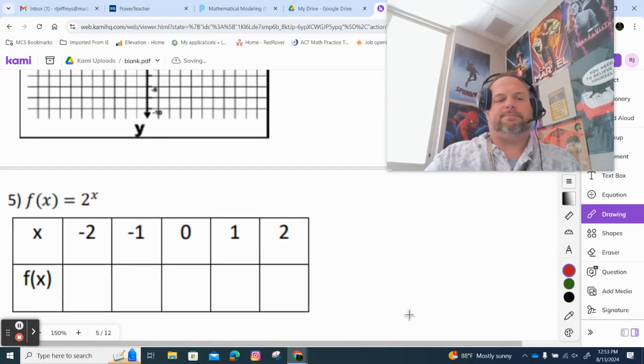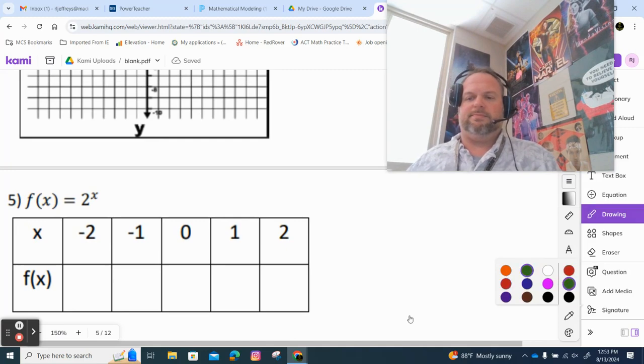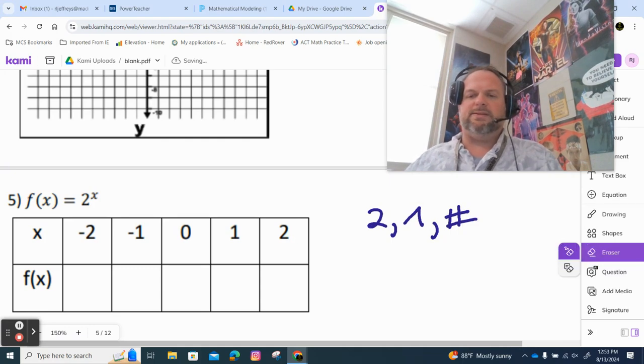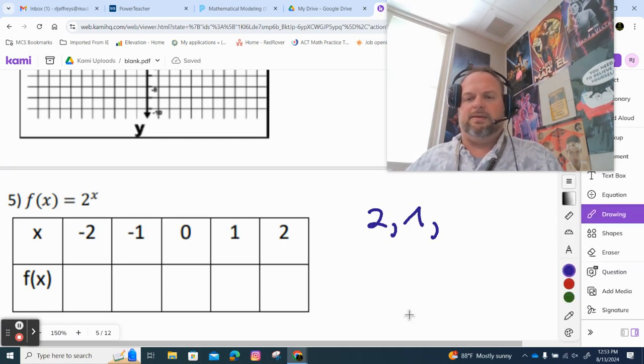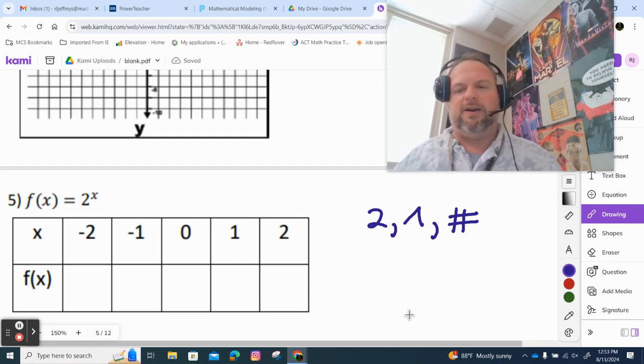Now, this right here, we have a variable as the exponent.